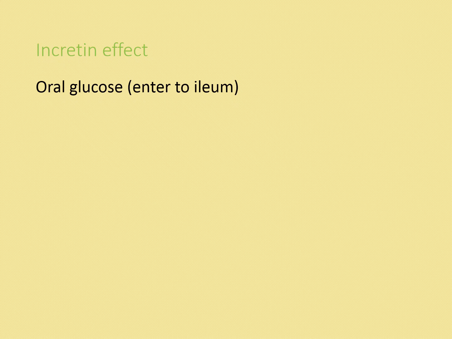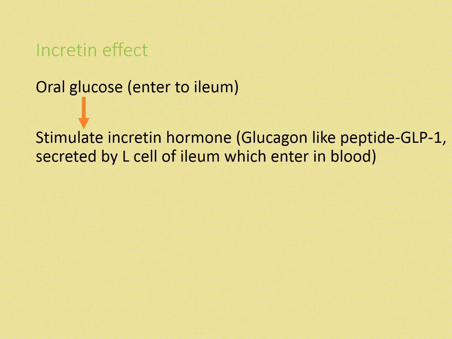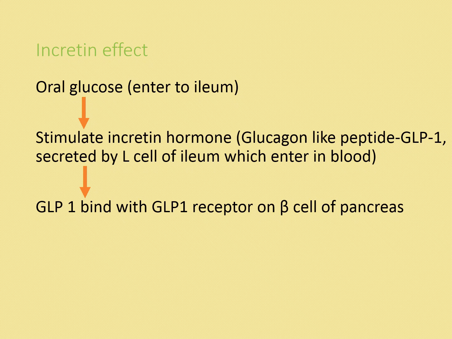When it reaches the ileum, it stimulates the incretin hormone, that is GI hormone, mainly glucagon like peptide GLP-1, which is secreted by the L cell of the ileum and enters the blood. It binds with the GLP-1 receptor, which is located on the beta cell of pancreas.